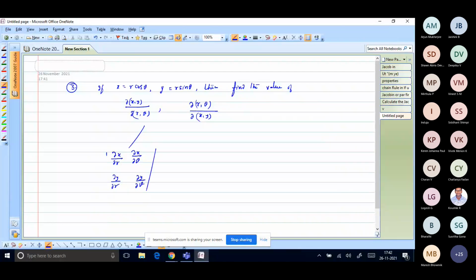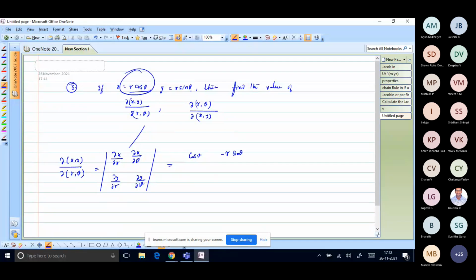So this is nothing but the Jacobian of xy with respect to r theta. So del x by del r is cos theta, you can get it from here. Then del x by del theta: the differentiation of cos theta is minus sine theta, r as it is, so minus r sine theta.